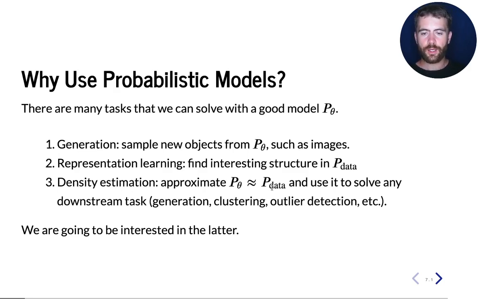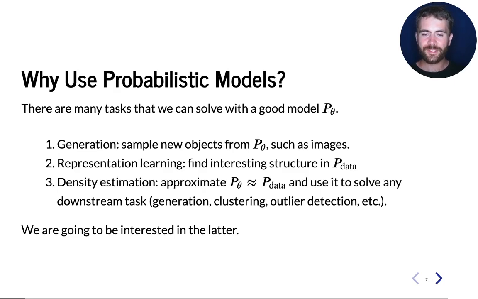Our data distribution places some weight on different parts of the space of x's, and we are going to try to learn a model that also places the same weights or probabilities to the space of x's that we consider. And if we find a probability distribution that has the same structure as our data distribution, then we say that we have accurately estimated this density.